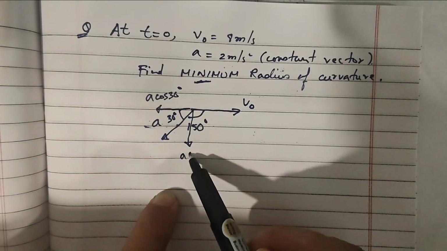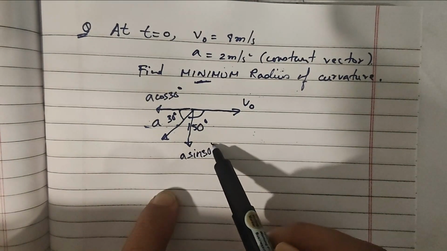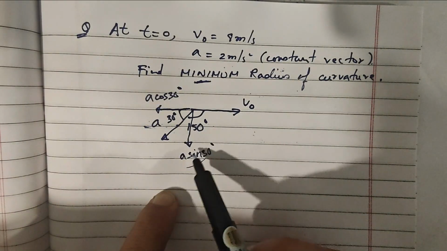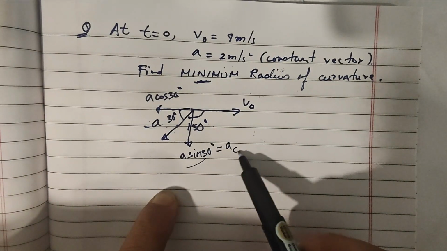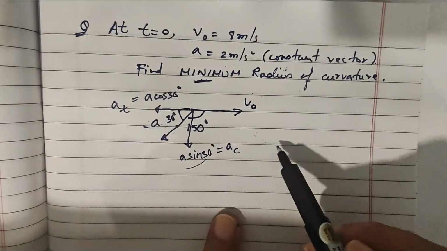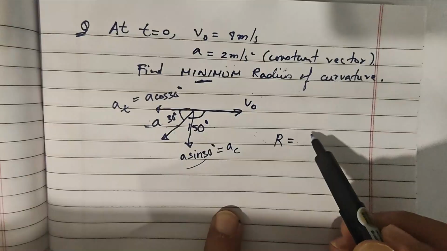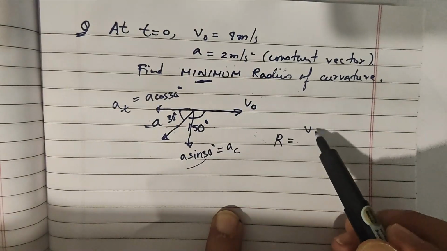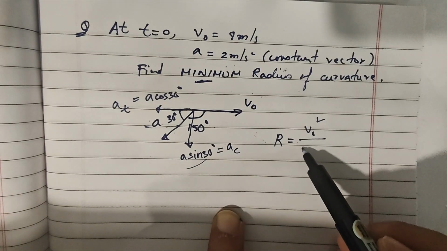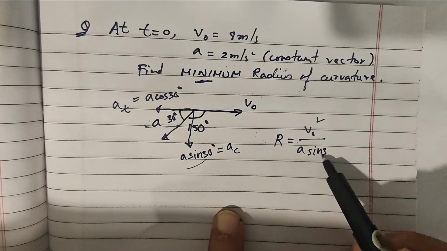This will be a sin 30. Now, which component is perpendicular to velocity? This component. So, this is your a_c and this must be your a_t, right? So, you may think the radius of curvature will be velocity here, which is v naught squared, by centripetal acceleration here, which is a sin 30.